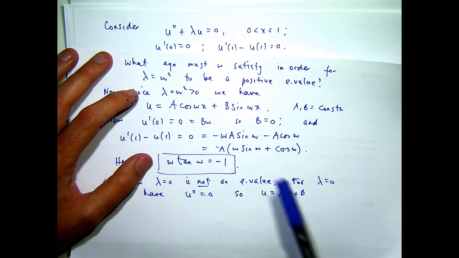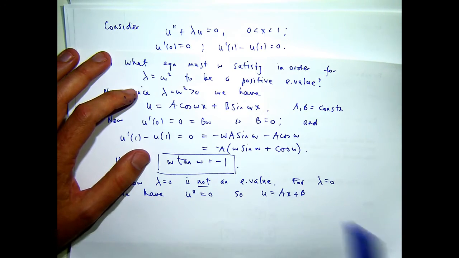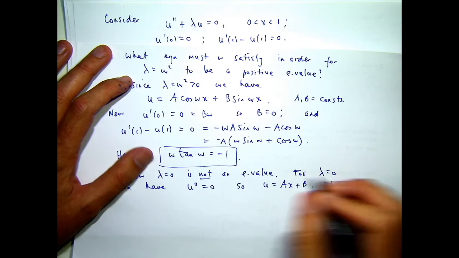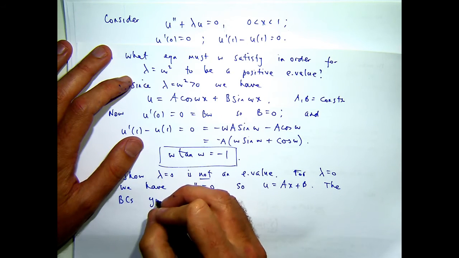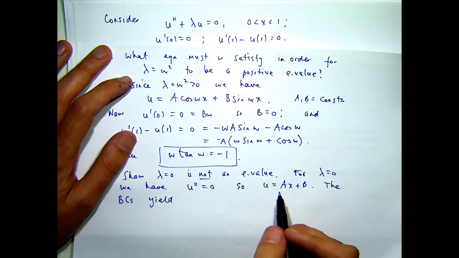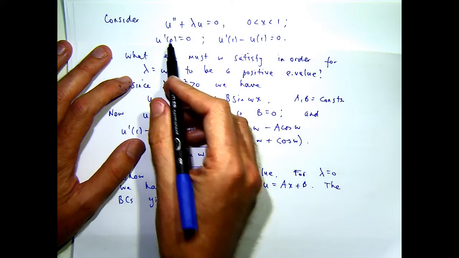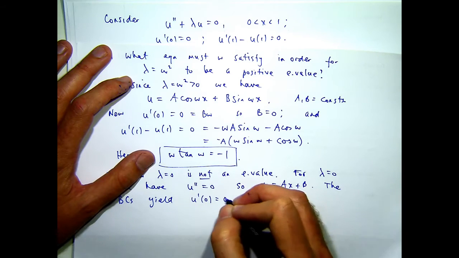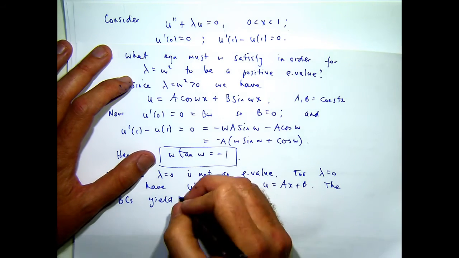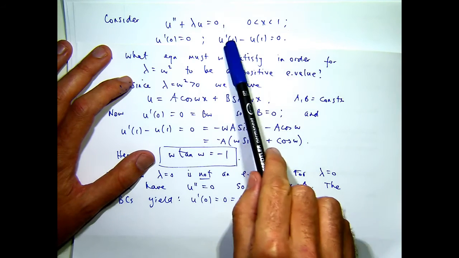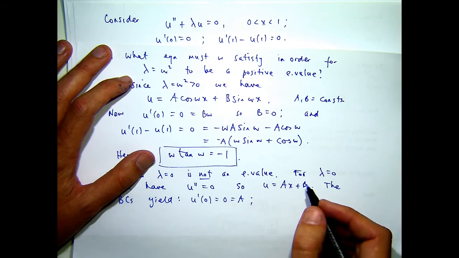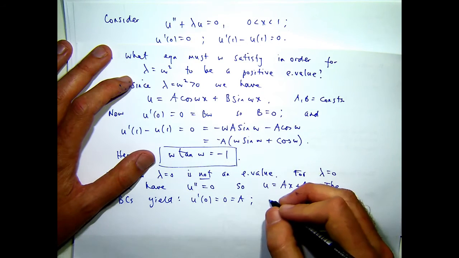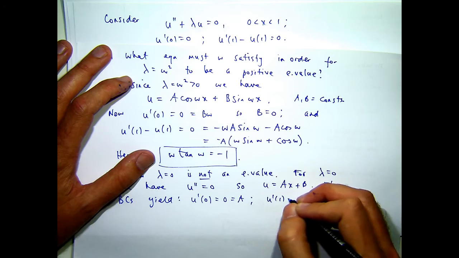So what we can do now is use the boundary conditions to show that A is 0 and B is 0. Okay, so U prime of 0 is basically A. So A is 0. And U prime of 1: if A is 0, we're left with a constant B. If I differentiate B, I get 0.